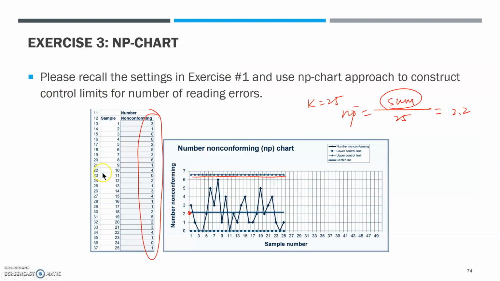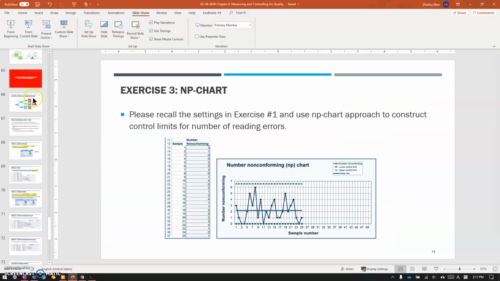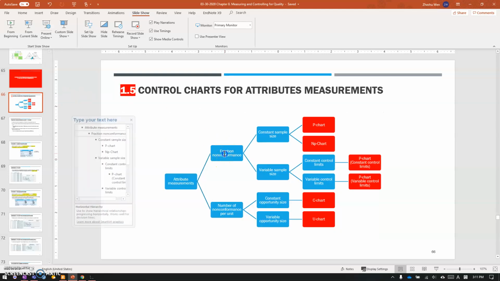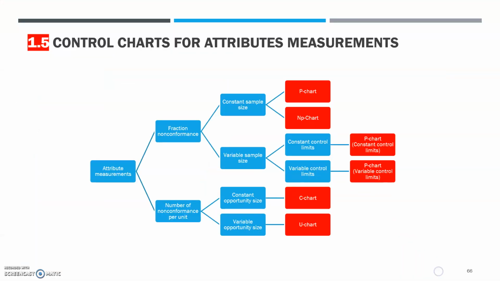Okay, so this is everything for the fraction-based nonconformance. These are the control charts for the fractions. If you review what we have done, we discussed the constant sample size case.